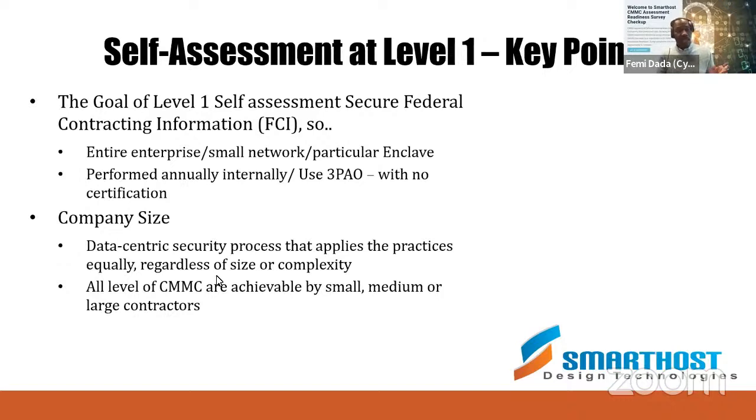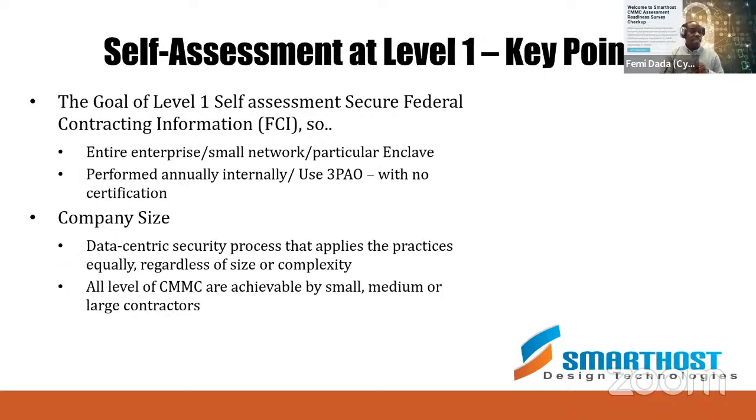So with Level 1, there is no CMMC certification, there's not an assessment conducted by a third party. You can use a third party, a 3PAO, just to make sure everything is aligned, but the 3PAO is not going to send you to the CMMC AB, and you're not going to get a certification, but you get a self-assessment. And then of course, company size.